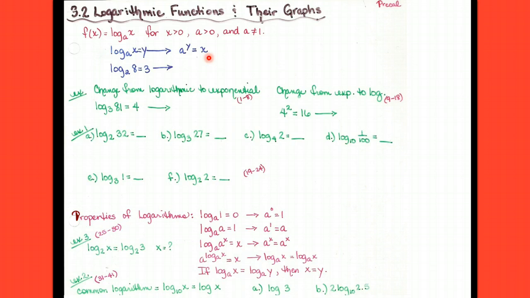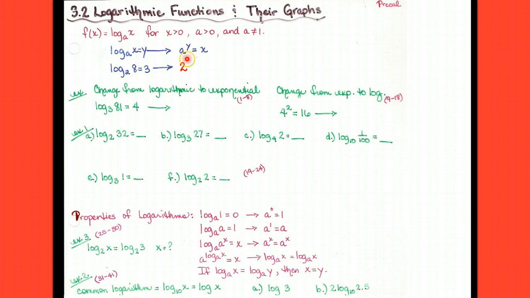I think it's easier to see with numbers, so let's put some numbers in there. Let's say that we had the log base 2 of 8 is equal to 3. If we wanted to switch that to an exponential, then we would say, okay, my base was 2, and again, following my pattern, a was 2, so I come over here, a is 2.